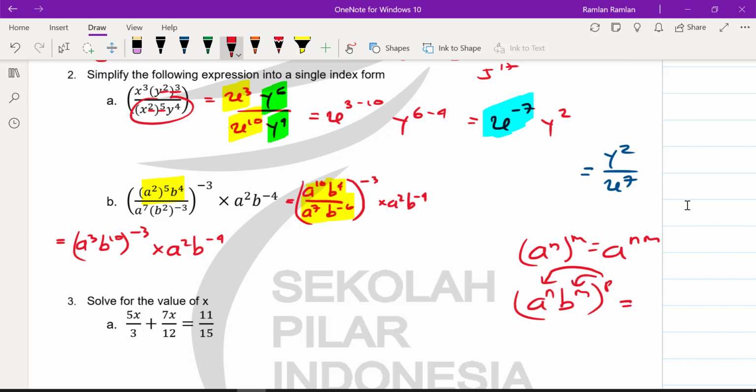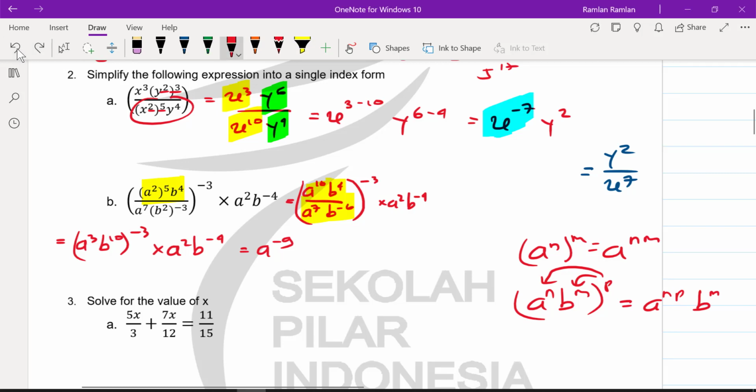So this is a to the power of n times p, and b to the power of m times p. So the same thing with this one. We're going to multiply this -3 to all of these powers here. If you do that, we have a to the power of -9, because 3 times -3 is -9, and then b to the power of -30.